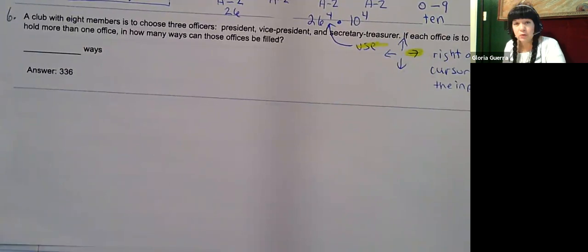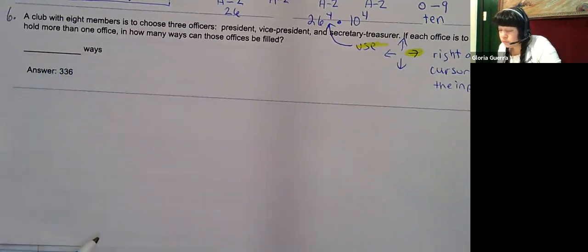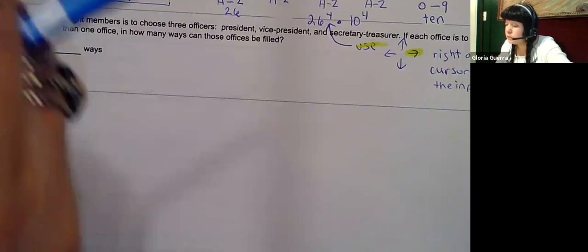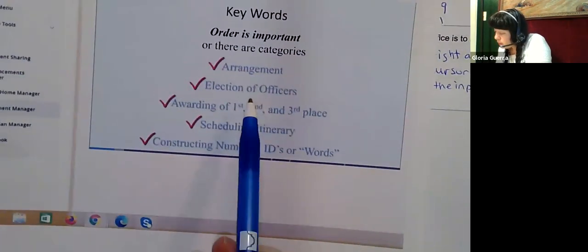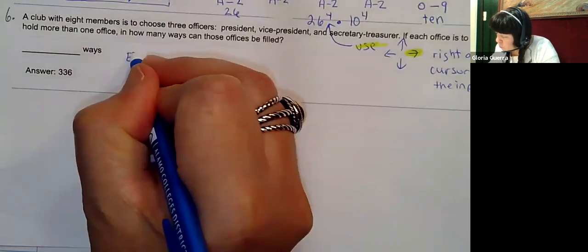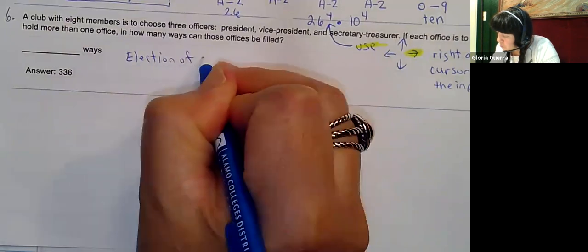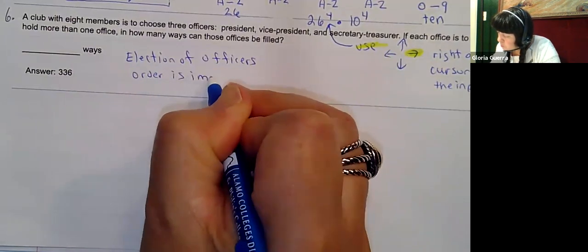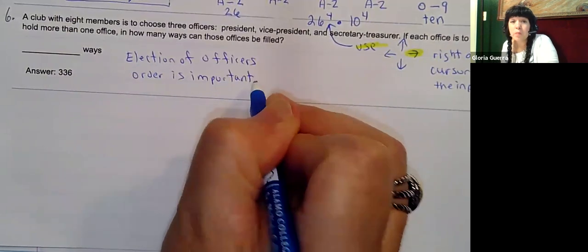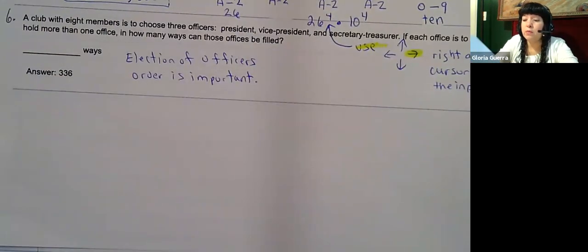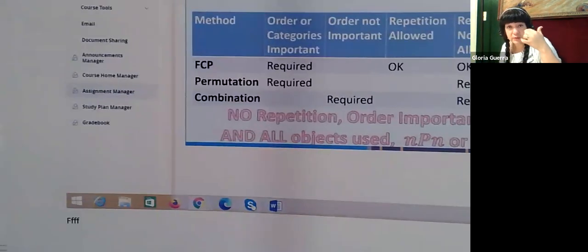Okay, great. They don't necessarily always have to say that. Usually that's implied, and that goes back to your chart. You're talking about election of officers, that order is important. So let me write that down. Okay, so election of officers means order is important. If I go back to this chart, I think this is the one I was saying, those 3 charts are similar.